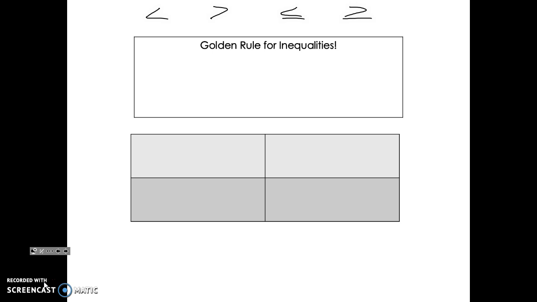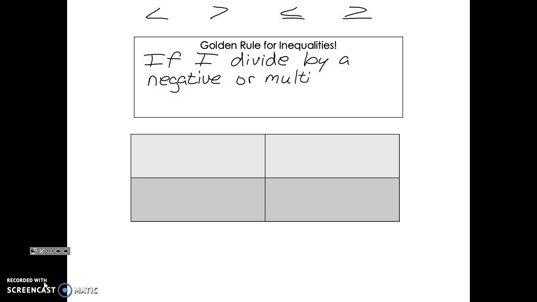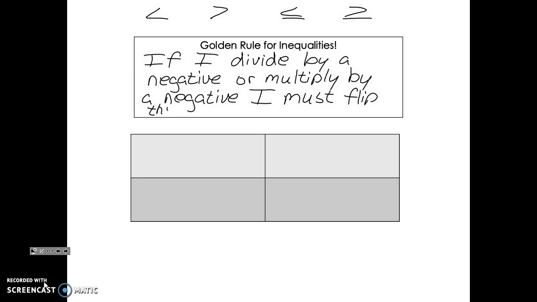So anytime that we have an inequality, the golden rule for inequalities is that if I divide by a negative or multiply by a negative, I must flip the sign.